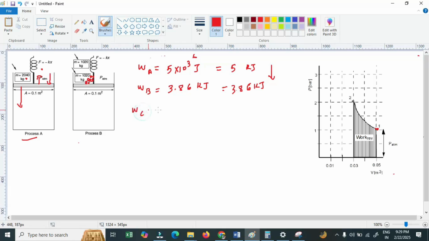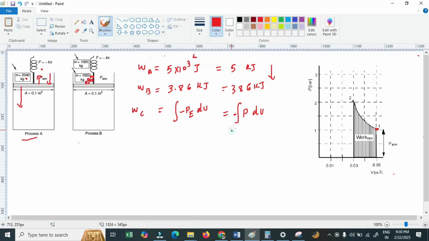For that, WC, the work done, is equal to minus PE dV. For the reversible process, PE can be replaced by the system pressure, P dV. Previously, it's not a minus, it's a plus. Plus will indicate that the work is done on the system.